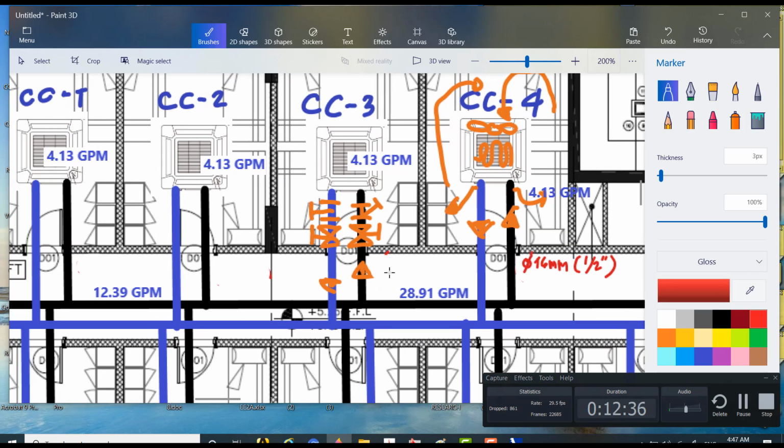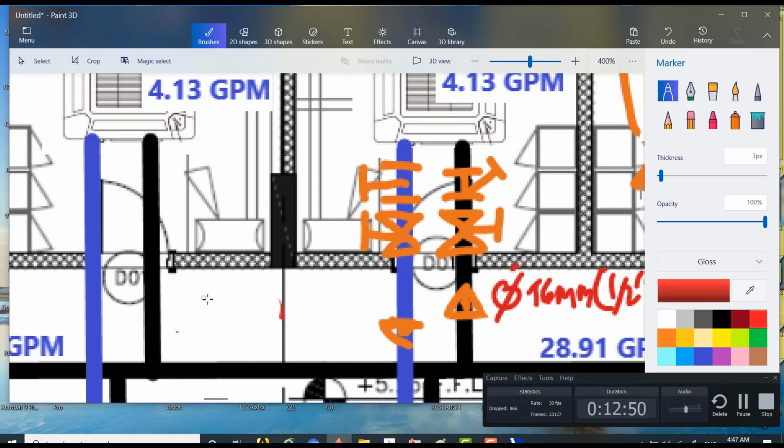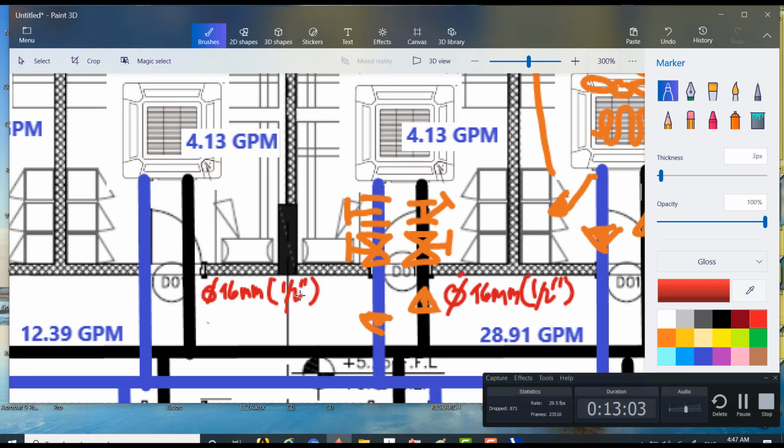Okay. Also this one will be 16. So we just put the equivalent inches of the nominal diameter since it is based on that.